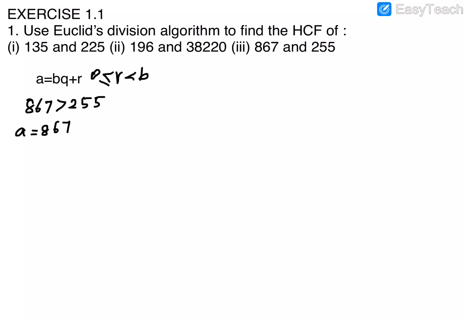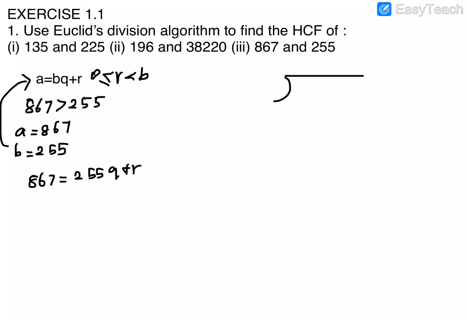So A equals 867, which is the dividend, and B equals 255, which is the divisor. Substituting in the equation, I get 867 equals 255 Q plus R. I do the long division. 867 inside, 255 outside. 3 255s are 765, which gives me 102, and yes, this is less than the divisor. Remainder.